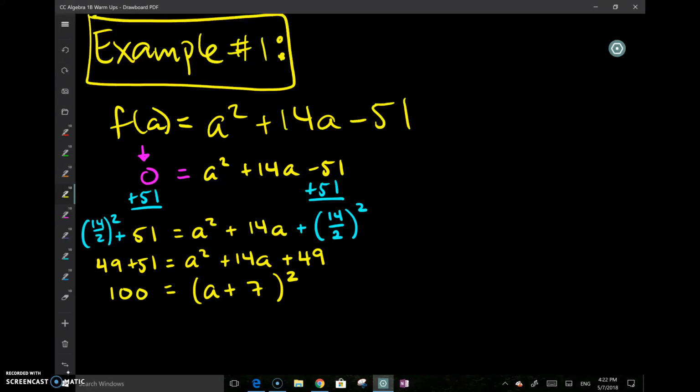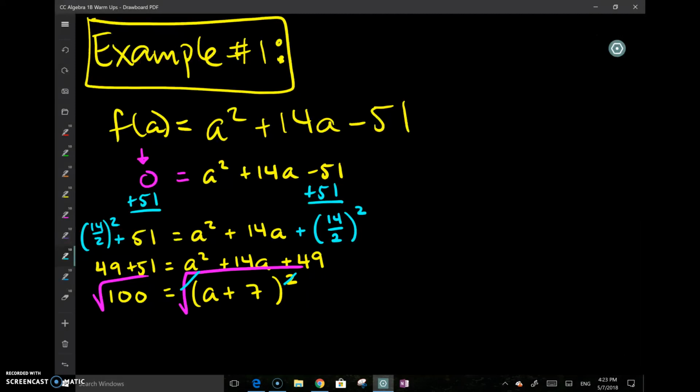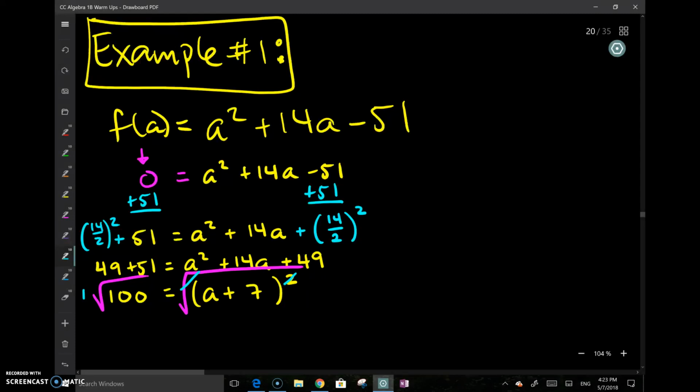All right, so now I still need to solve this and figure out the value of a. So at this point, what I want to do is take the square root of both sides, because only the square root can undo a power of 2. So those two are gone. And because I'm solving an equation by doing the radical, I need to put a plus minus by this radical here.